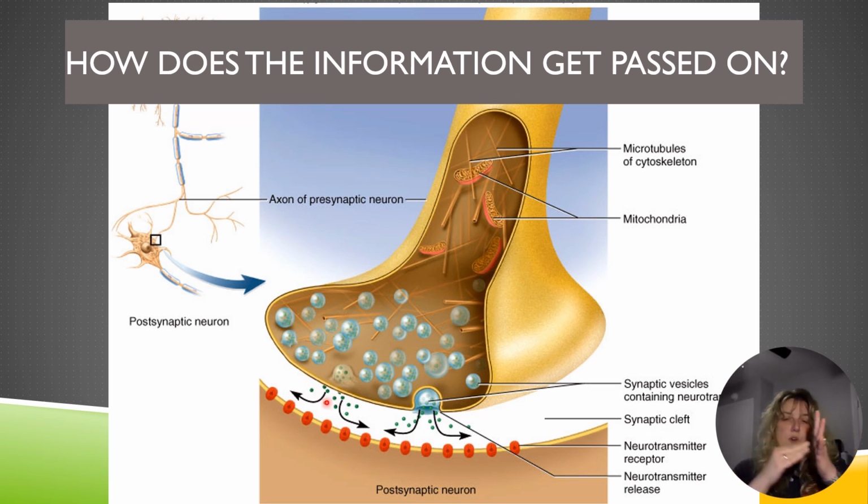So your nerve does not directly touch the next nerve or the muscle or whatever it's going into. There is a very small little gap, and you have to be able to jump that gap to get the signal to continue on. We do this through neurotransmitters. So it transmits the information across, or jumps across, that synaptic cleft. And you can see that word here on the slide.